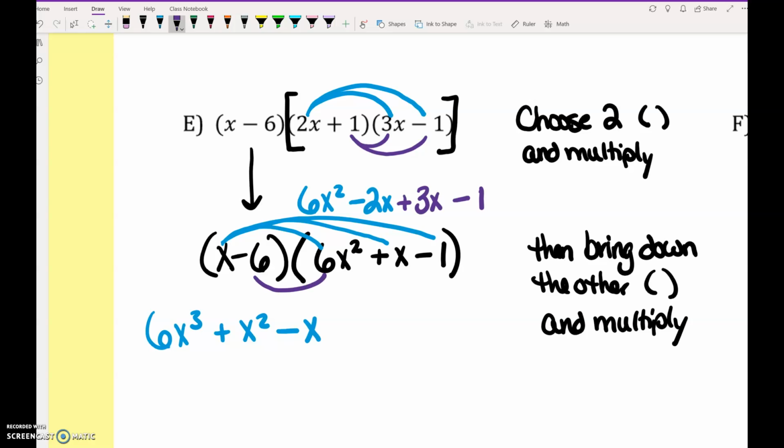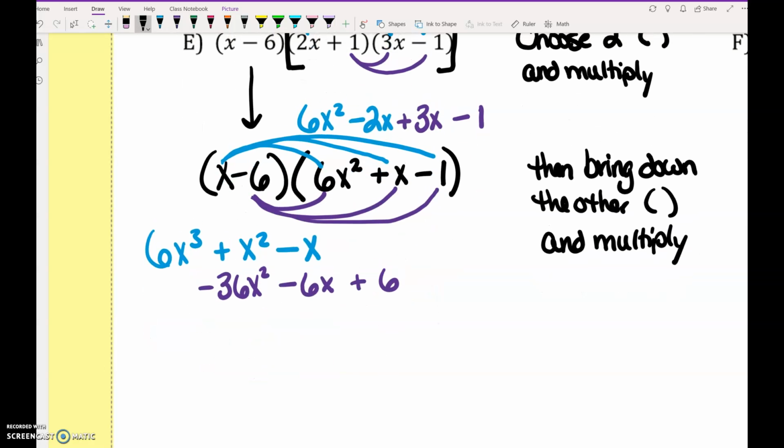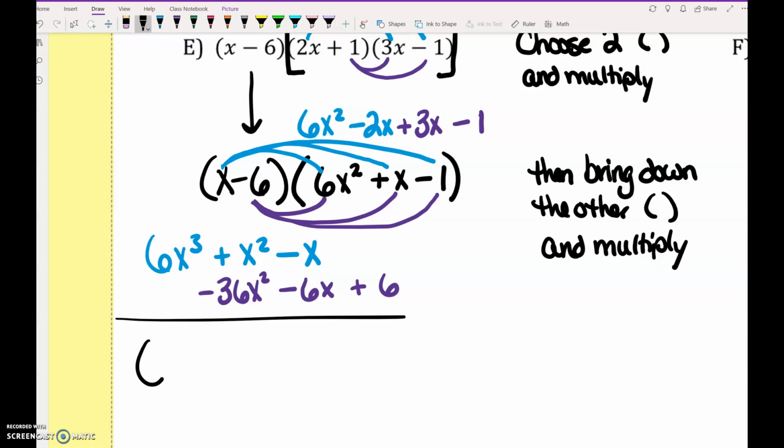Negative 6 times 6x squared is negative 36x squared. Negative 6 times x is negative 6x. Negative 6 times negative 1 is positive 6. Then combine those like terms. Minus 7x plus 6.